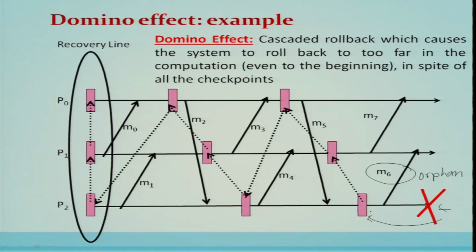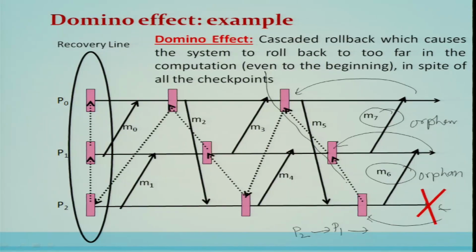Once it has rolled back, it will trigger the process P1 to roll back also. So the rollback of P2 ensures that P1 also has to roll back. Now since P1 has rolled back, this particular message will become an orphan, and hence P1 also has to roll back. So this will become a recovery line.